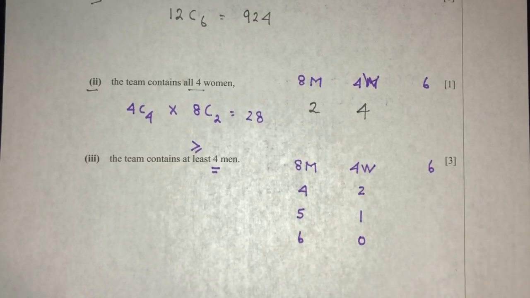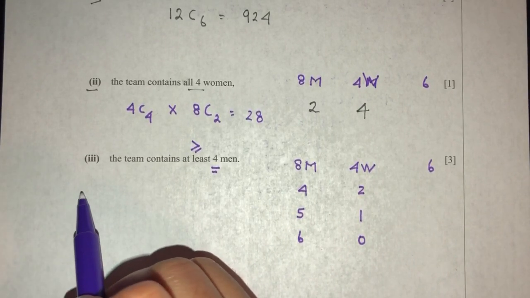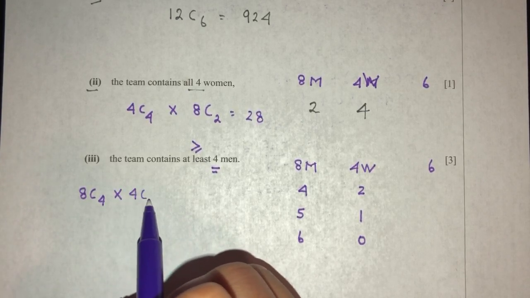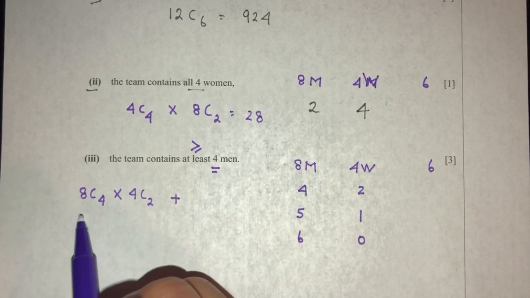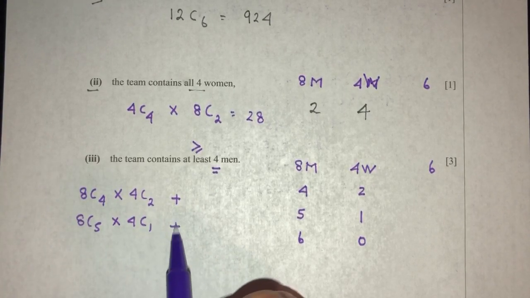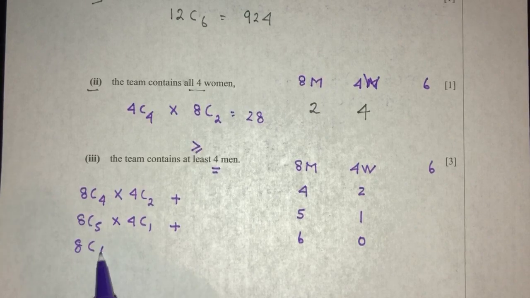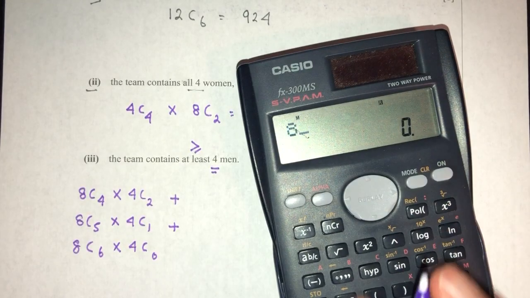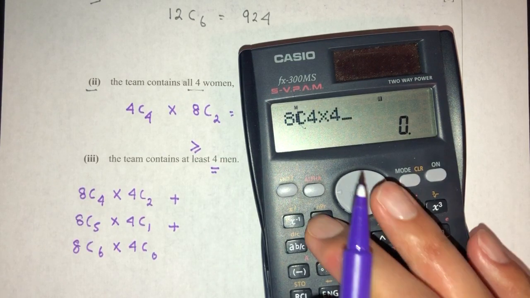So your answer will be case by case. That will be 8 choose 4 times 4 choose 2, or 8 choose 5 times 4 choose 1, or 8 choose 6 times 4 choose 0.